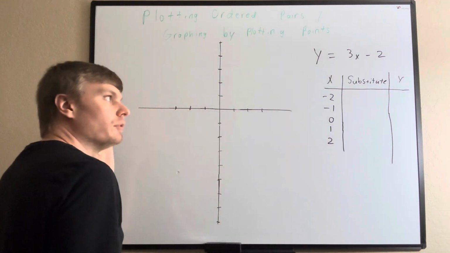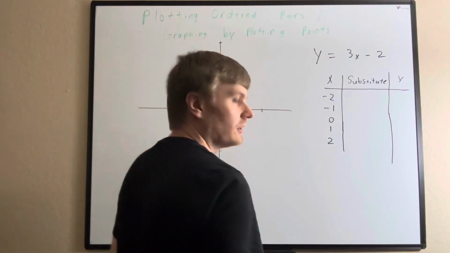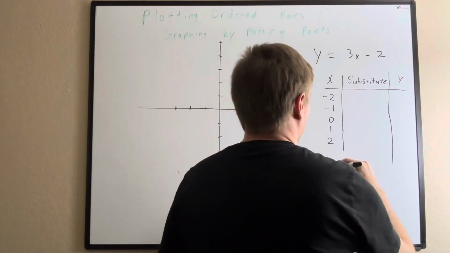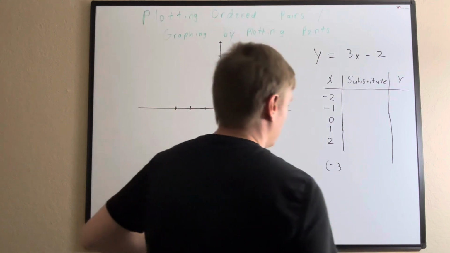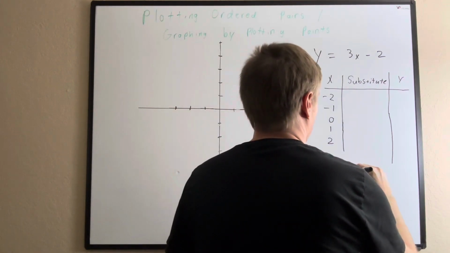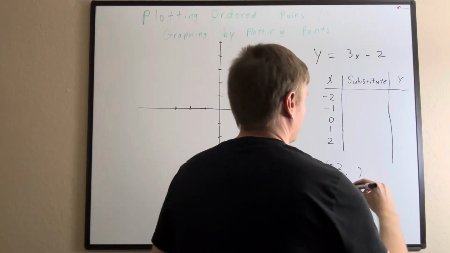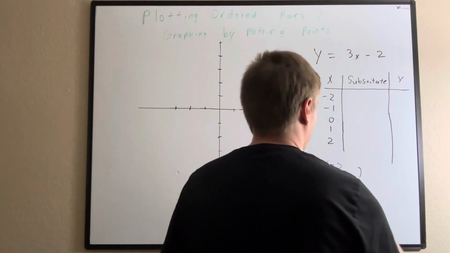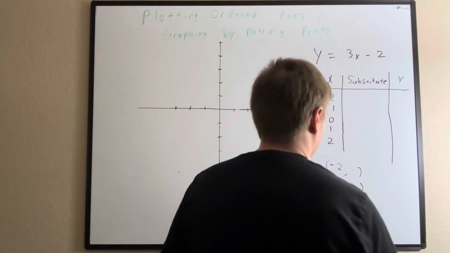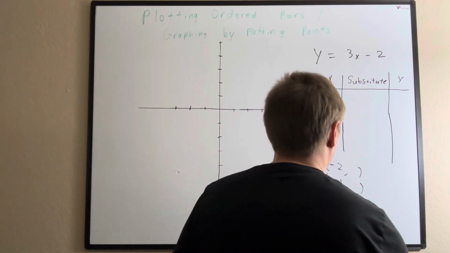Now, when we do that, we're going to get ordered pairs. We already know what the x-coordinate of those ordered pairs are going to be. So the first one's going to be -2, comma something. And then we're going to have -1 something, 0 something, 1 something, and +2 something.